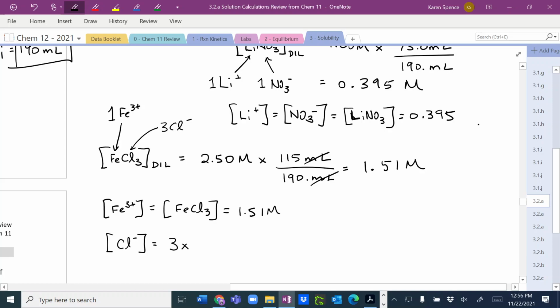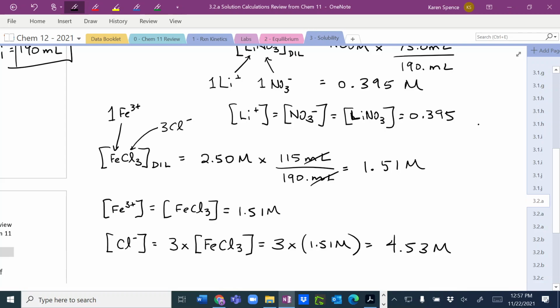I'm going to have to multiply it by 3. That gives 4.53 molar. Did that make sense? Cool.